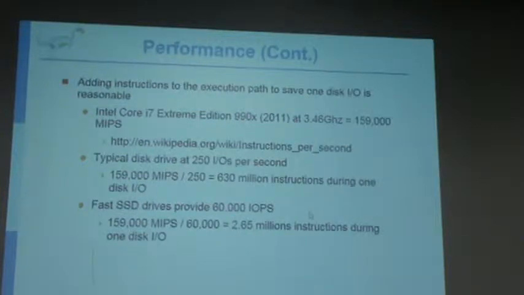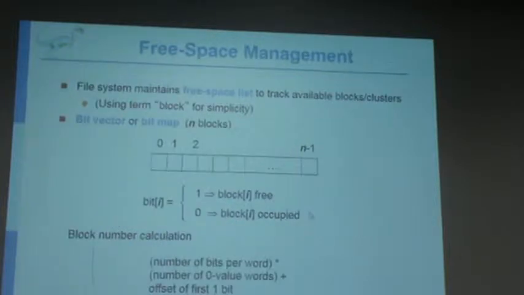Because the I/O itself is the most expensive one, if we can reduce I/O and increase the performance, such as IOPS, we can eventually increase the MIPS, the instructions per second. This slide is a benchmarking test of that.